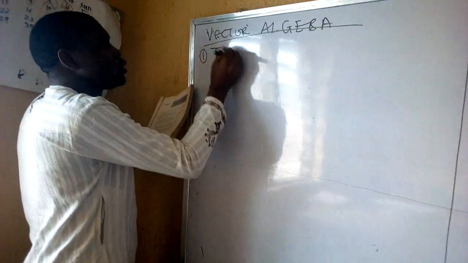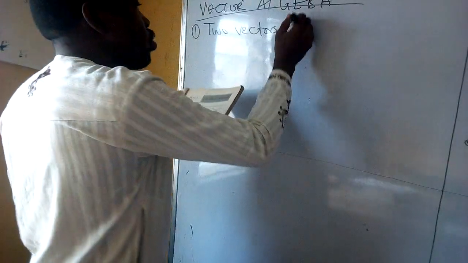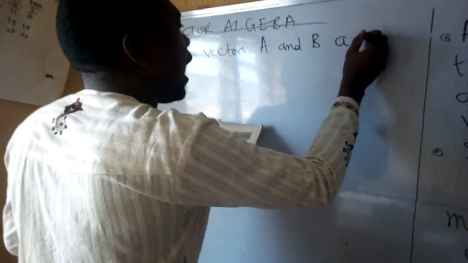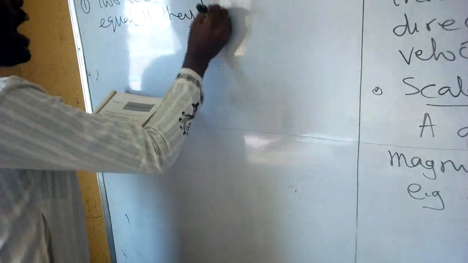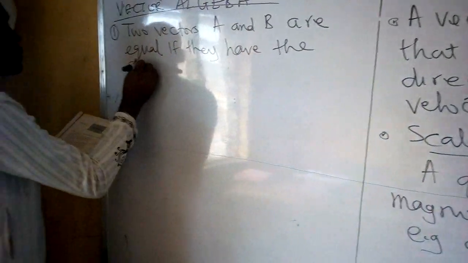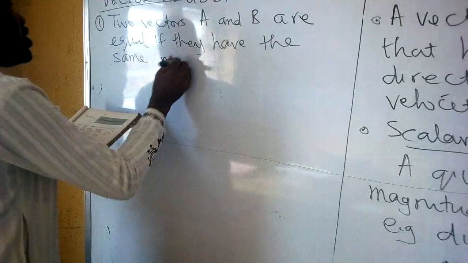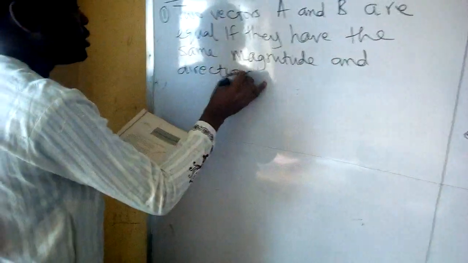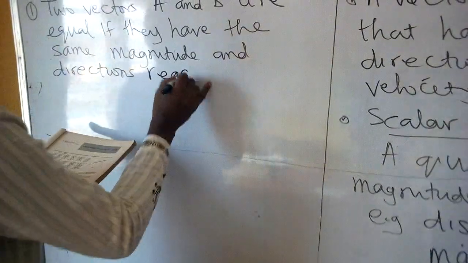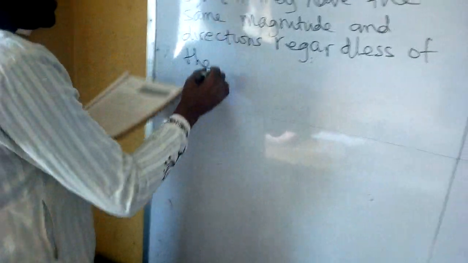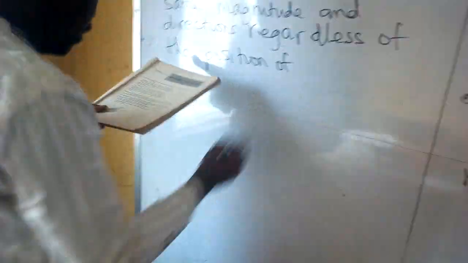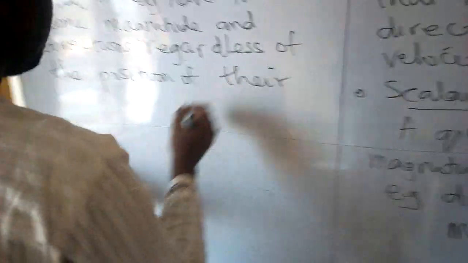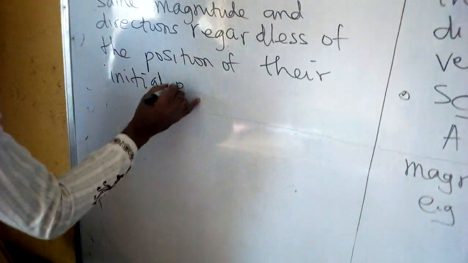1. Two vectors A and B are equal if they have the same magnitude and directions, regardless of the position of the initial points.